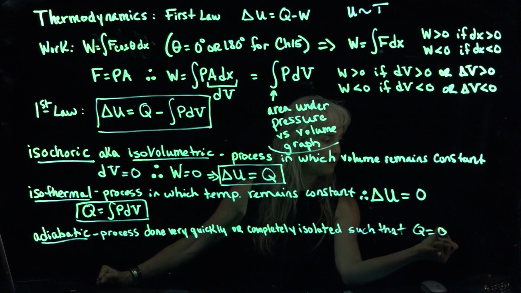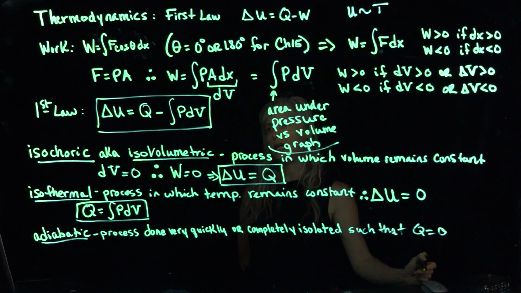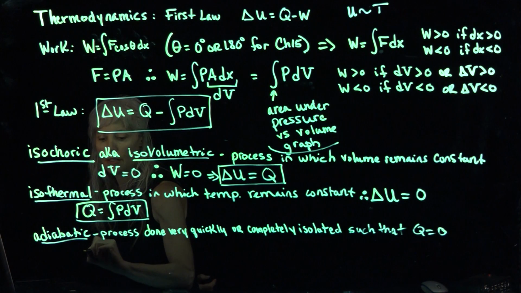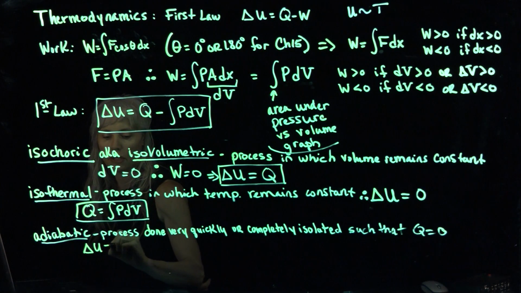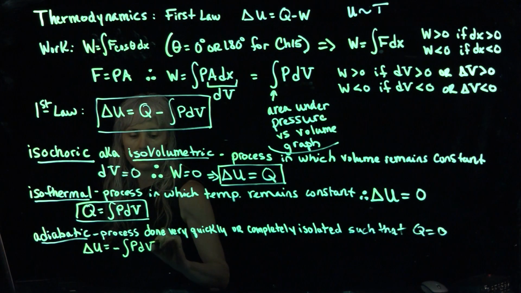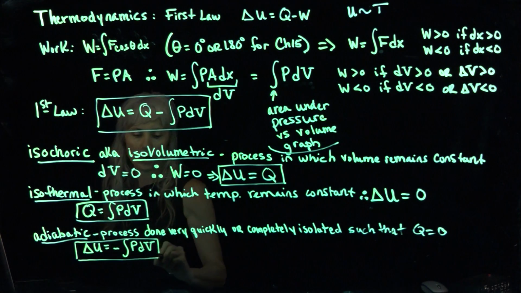So no heat can flow out of the system and no heat can flow into the system. So Q is equal to 0 for an adiabatic process. So what do we get from the first law in an adiabatic process? We get that any change in the internal energy is going to be due to minus the work done by the system. So this is our first law for an adiabatic process.